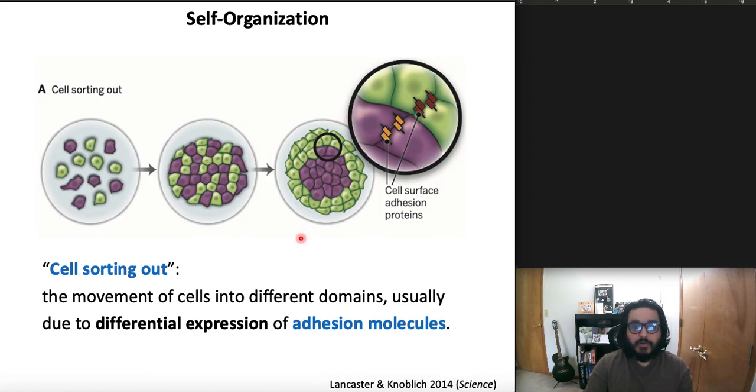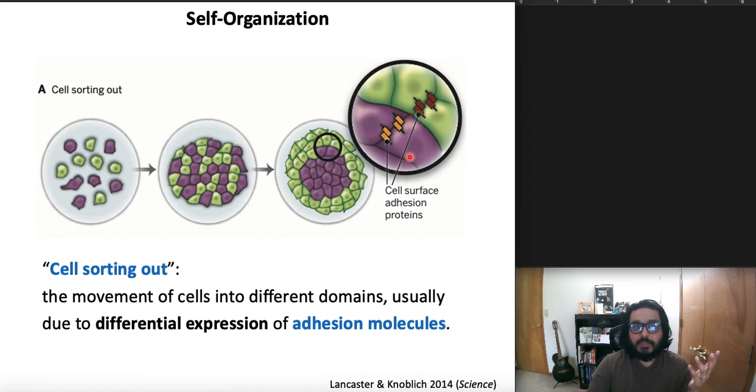The cell sorting out is typically due to what we think is, as they're contacting each other, they're using what are called adhesion molecules to bind to each other, or at least to make contact with each other, and then to recognize if they have made contact with a different cell. Once they've done that, they can recognize whether they are interacting with their own cell type, so here, purple to purple, or with a different cell type, purple to green.